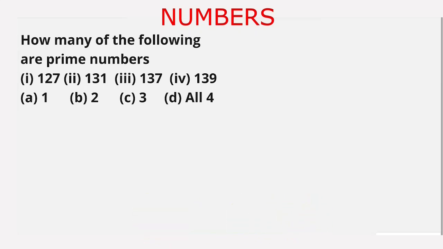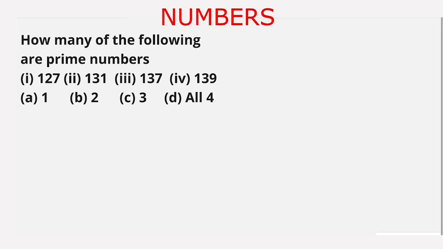As we know from the basics how to test whether a number is a prime number or not. First we will find a number whose square is just greater than 127. We are testing the first number 127, and that number is 12 whose square is 144. 144 is just greater than 127, and the number 11 whose square is 121 is less than 127.